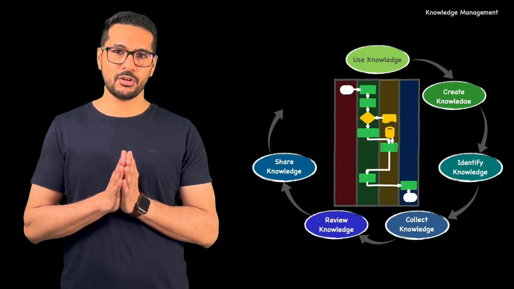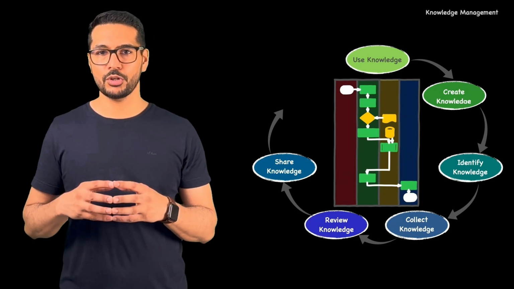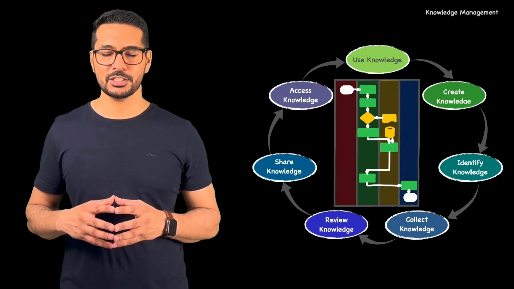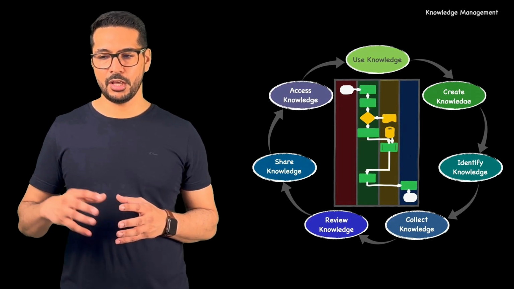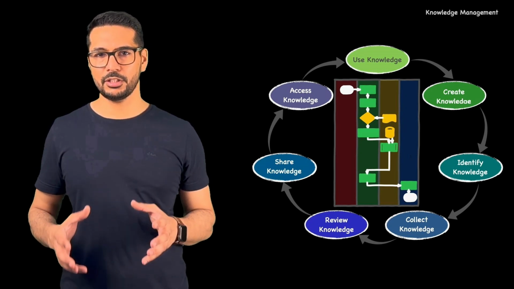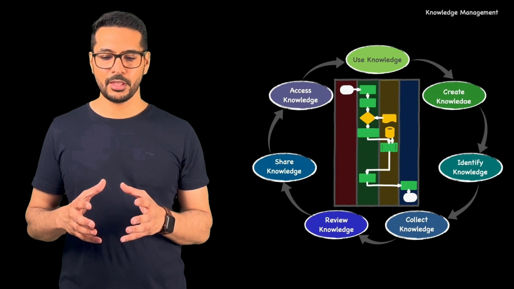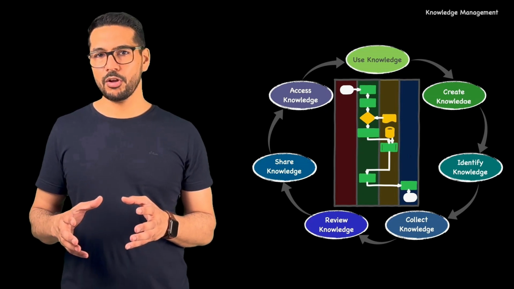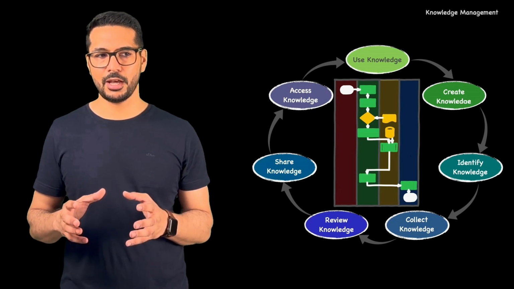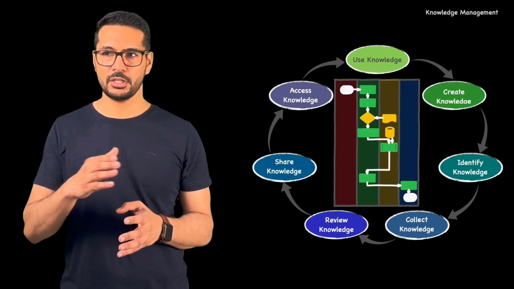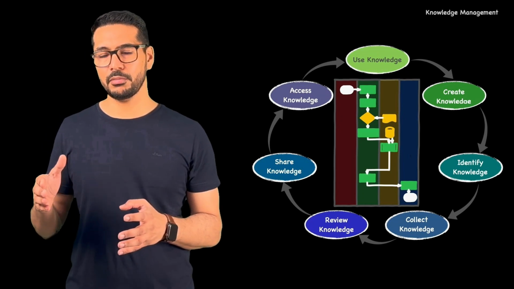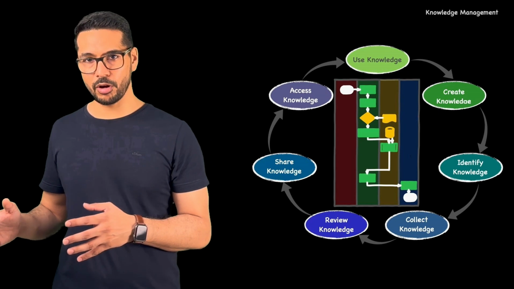After we have shared the knowledge, we have to make sure that it is accessible to the right people. So this is the sixth process, access the knowledge. The process experts who are performing the task should know that if they need the knowledge, it is accessible to them, and they can go to this page, this article, that conference, or that yearly or monthly meeting of experts on this topic.